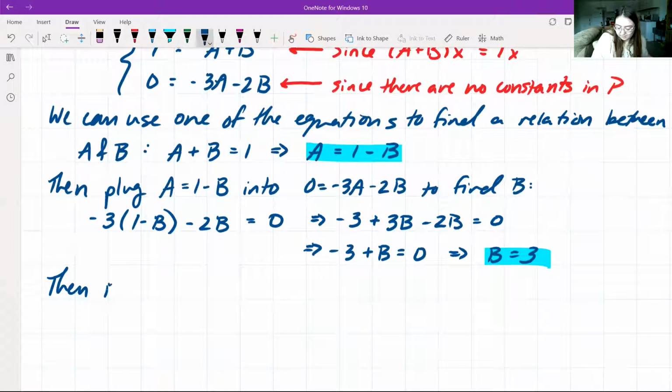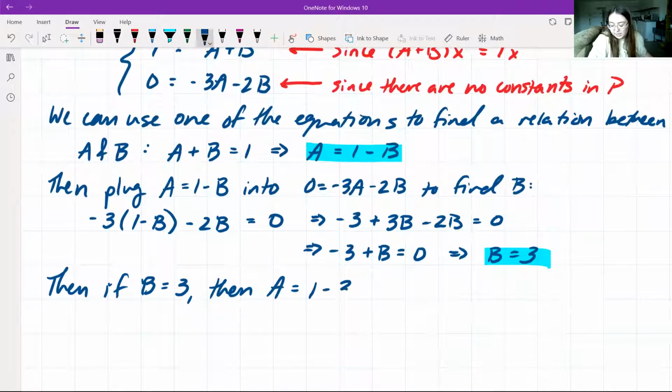So then, if b is equal to 3, then a, which is equal to 1 minus b, is 1 minus 3, so we get negative 2. So we have b is equal to 3 and a is equal to negative 2.